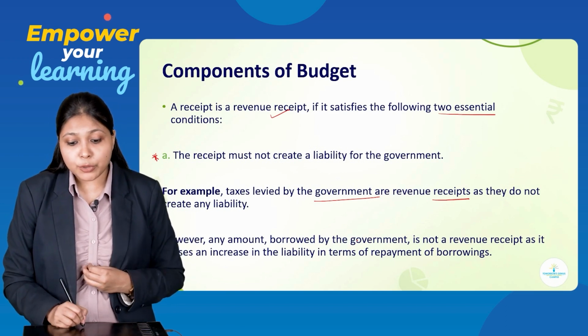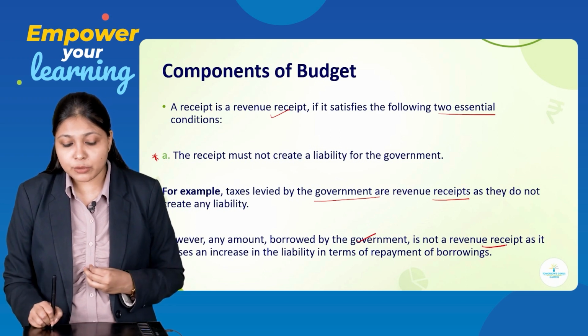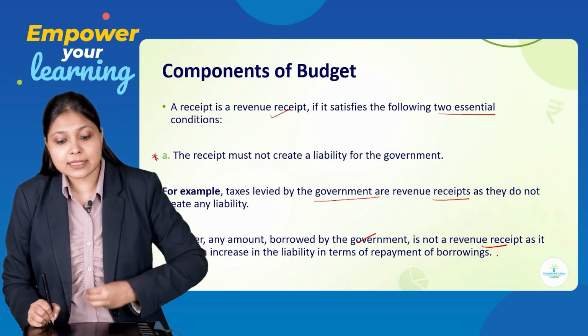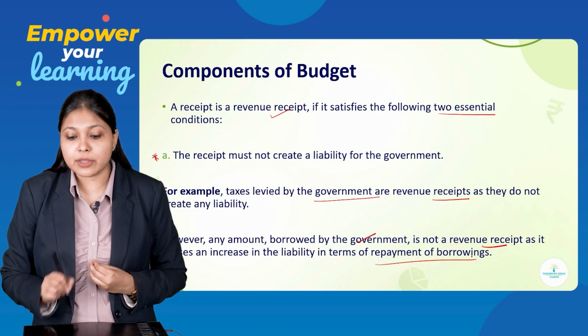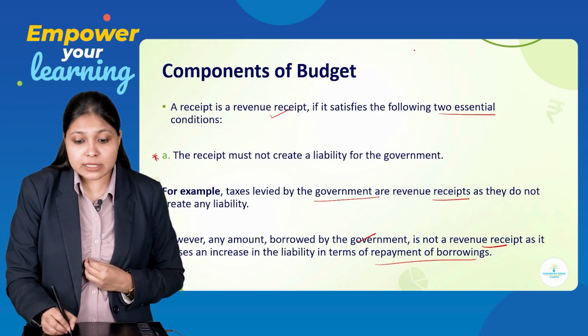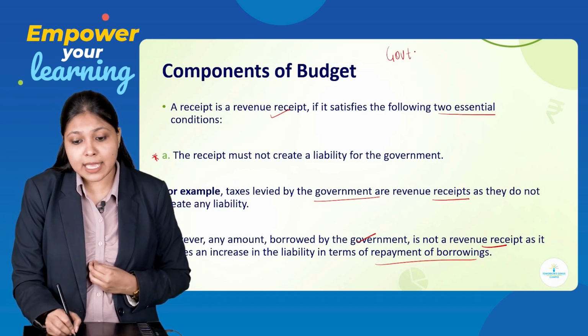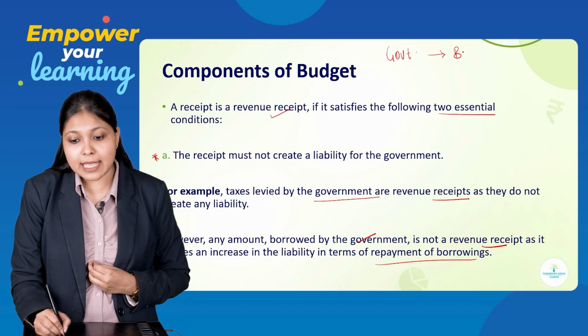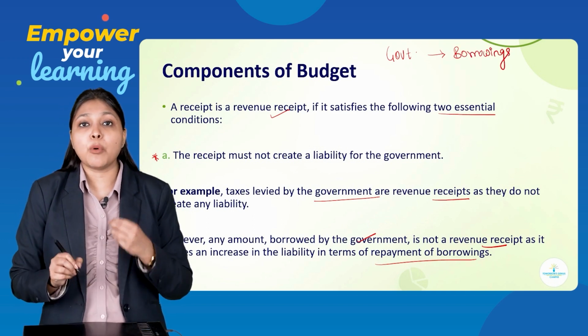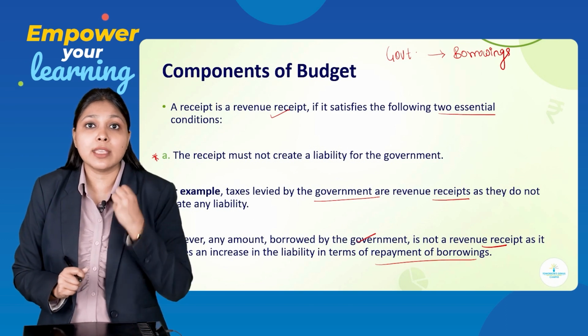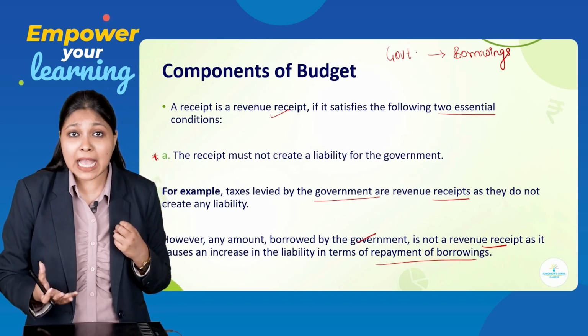Any amount borrowed by the government is not a revenue receipt as it causes an increase in the liability in terms of repayment of borrowing. Just imagine if the government has done some borrowings or has taken a loan. We already know borrowings and loans are nothing but your liability.